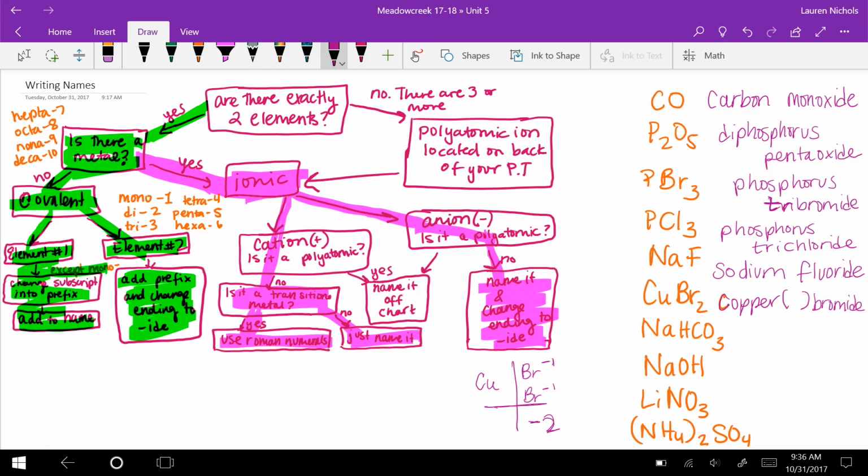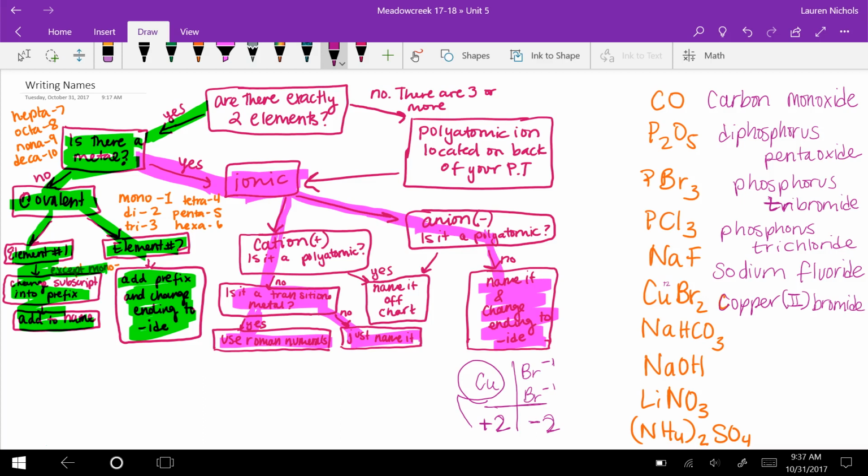And if the negatives are -2, then the positive side has to be equal but opposite. So I have a +2 charge here. Now this +2 charge has to be distributed to everything in this column. Well, since I only have one thing, that must mean my copper ion has a +2 charge. So I put a Roman numeral 2 in my parentheses.